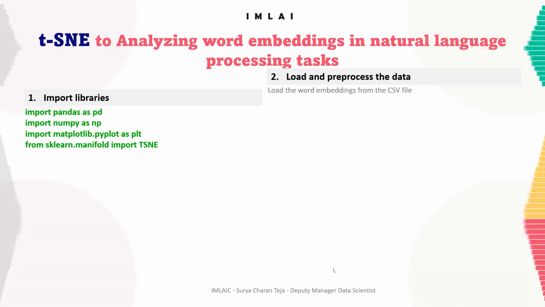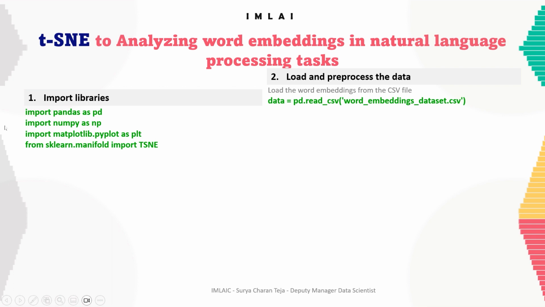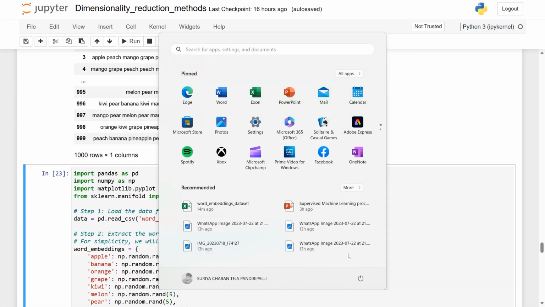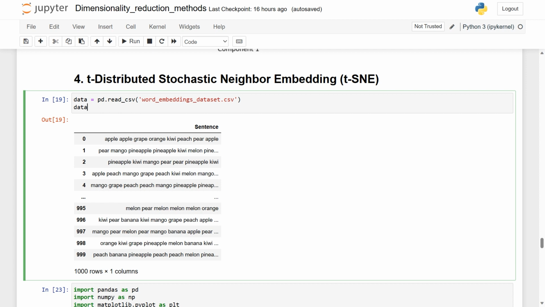Then load and pre-process the data. So load the word embeddings from a CSV file. read_csv, that's what we're going to use, the read_csv function from pandas, and then a respective path will be given as an argument to the function. Let me execute, and here you can see the data that I have called. It's 1,000 sentences, of course one column because it's all sentences.